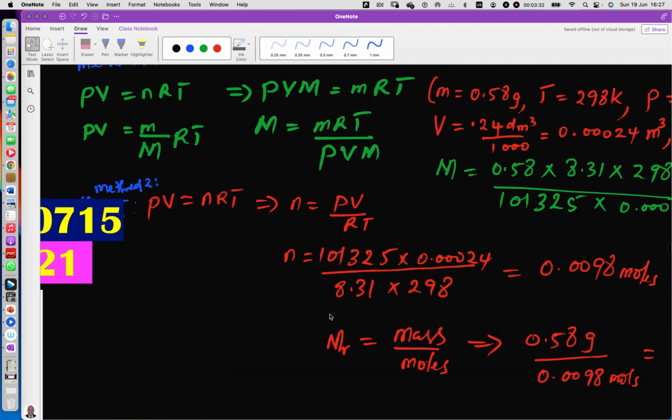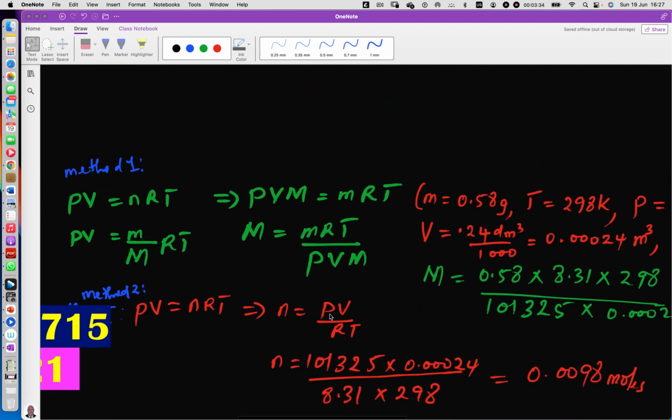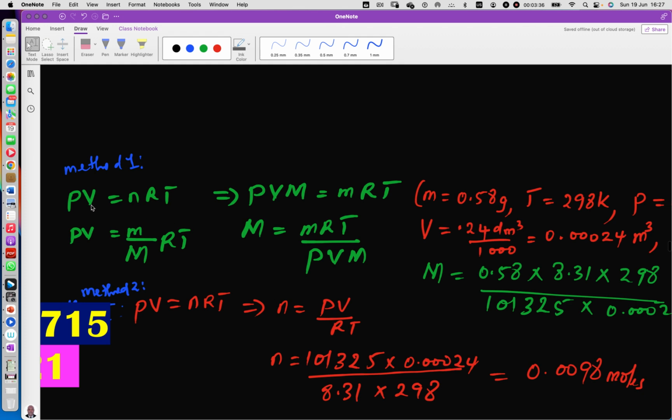For what I've just done here, I said you have to use the ideal gas equation, PV equals nRT, and in this case we are looking for the molar mass. PV equals small m, that is the mass, divided by the molar mass, capital M, times the gas constant times the temperature, since n is the number of moles.